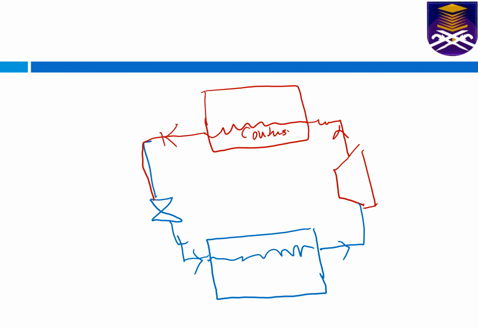So how does it connect with the wet cooling tower? The wet cooling tower will be involved here. Let's say that I put it here, and this is going to be a counterflow. So this is a wet cooling tower, and this is coming from the cool water. So this is your wet cooling tower.